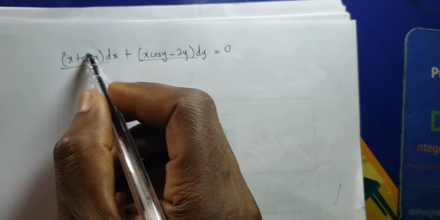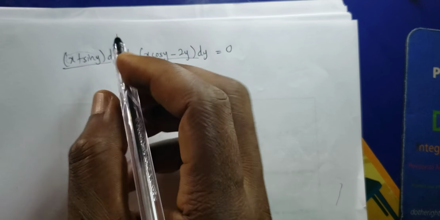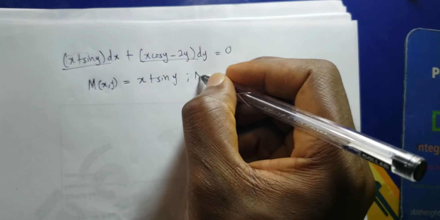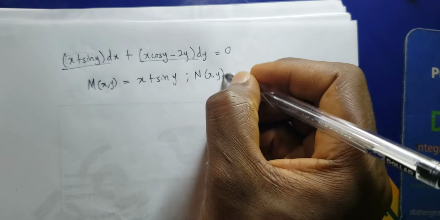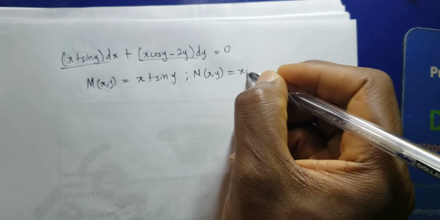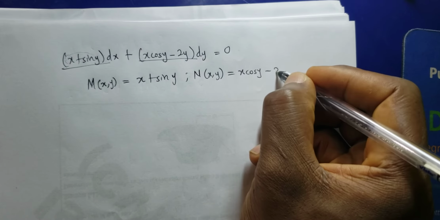Just to go conventional, our M of x comma y is equal to x plus sine y, and our N of x comma y, that's the coefficient of dy, is equal to x cos y minus 2y.